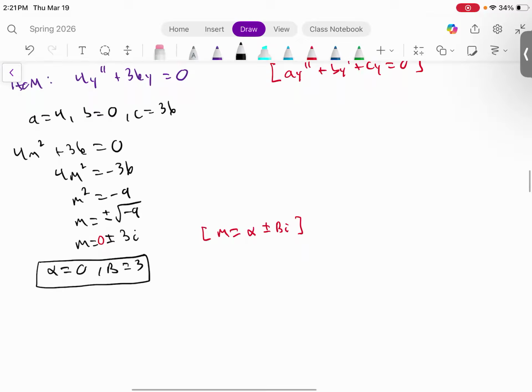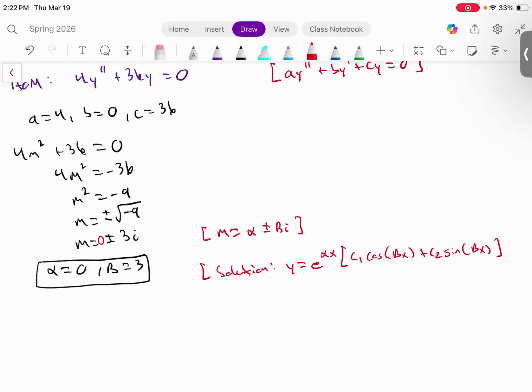Those are our complex roots, because the solution for complex roots of my characteristic equation is y equals e to the alpha x times c1 cosine of beta x plus c2 sine of beta x.